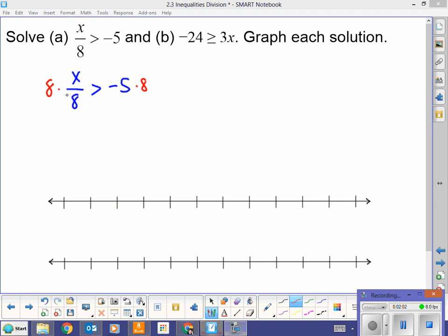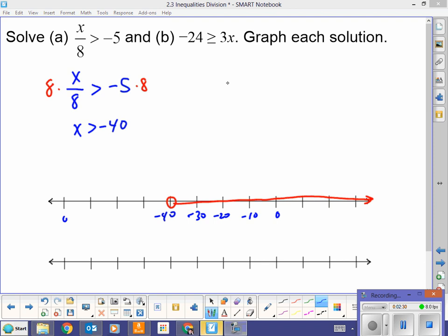So x is greater than negative 40. Going this way: 0, negative 10, negative 20, negative 30, negative 40. Open circle at negative 40, and I want numbers greater than negative 40, so I'm going to the right.